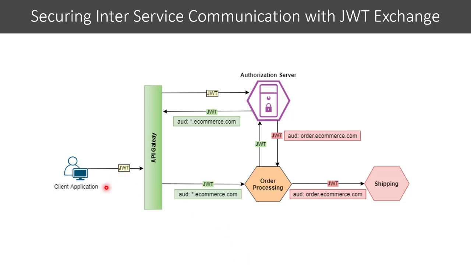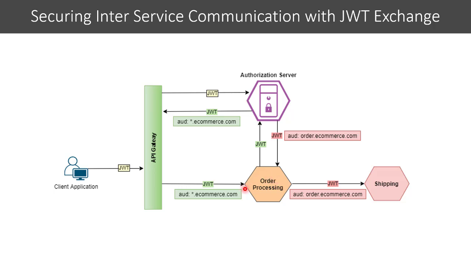So you can see here, the client application sends a JWT to the API gateway. The API gateway will pass the JWT to the authorization server, which is acting as the secure token service, which will issue a new JWT copying all the values from the incoming JWT with audience as star.ecommerce.com, and the API gateway will pass the same JWT to the order processing service.